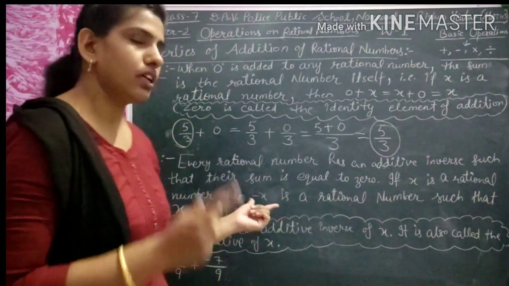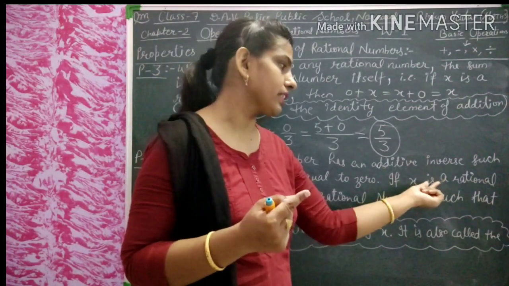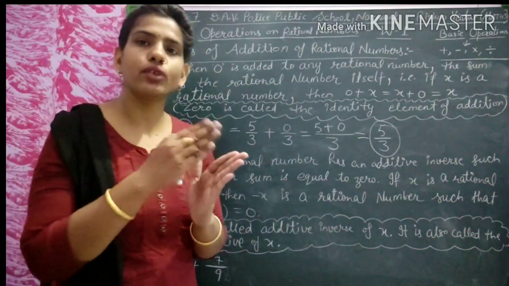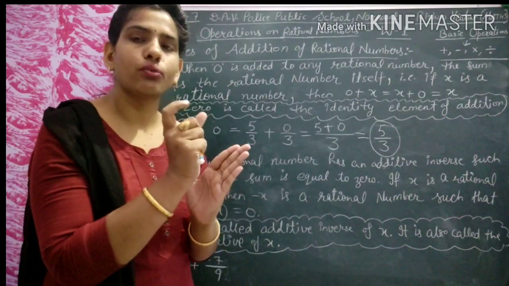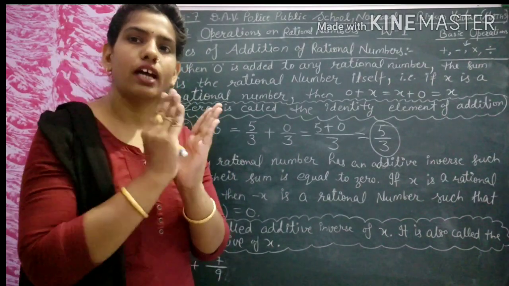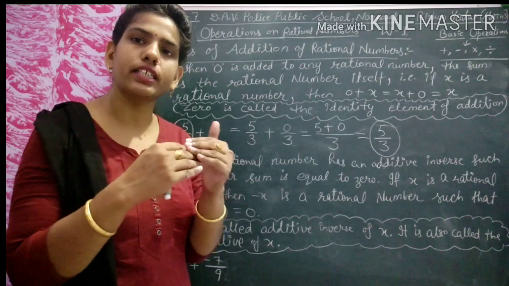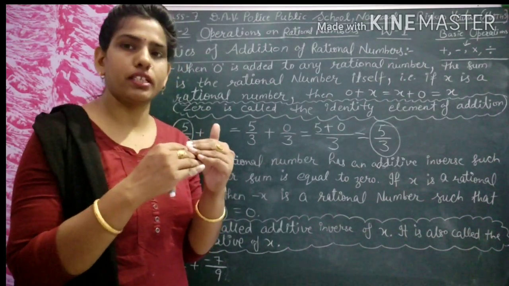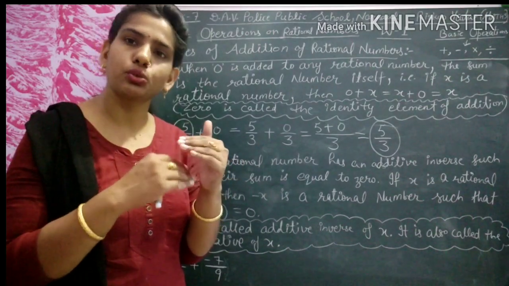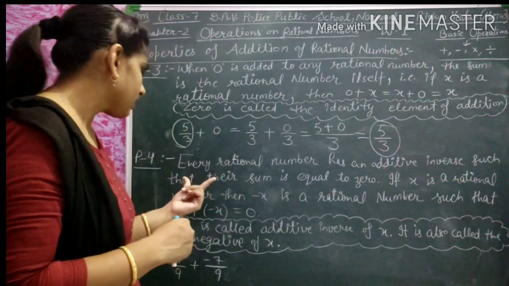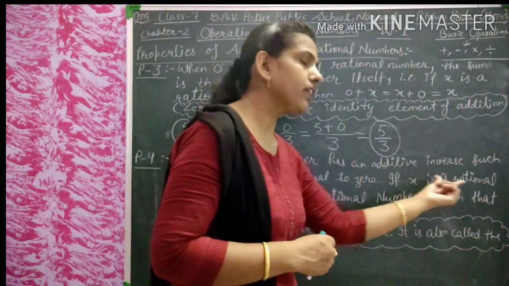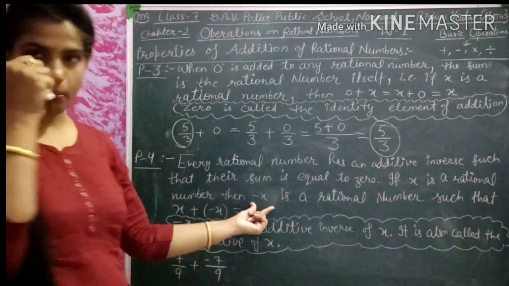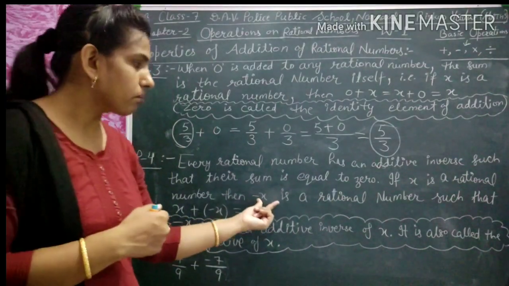If we have any rational number x, its additive inverse is obtained by changing plus to minus. The additive inverse of a rational number x is minus x.